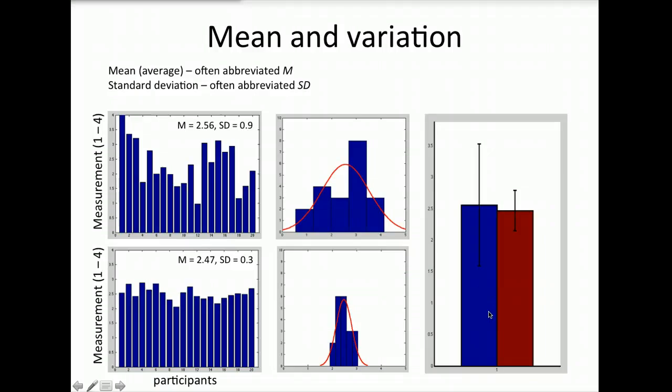But we won't go too much into that now. The important thing here is to recognize that in these bar plots we get some measure that expresses the average of a full data set, and we get some indication of how much variation there was in this data set.